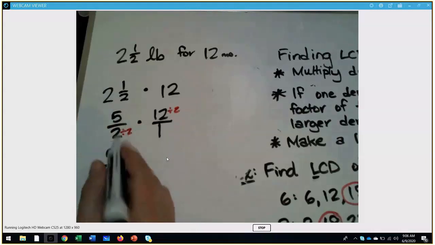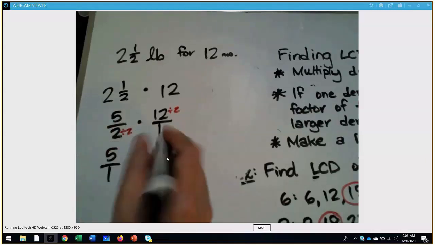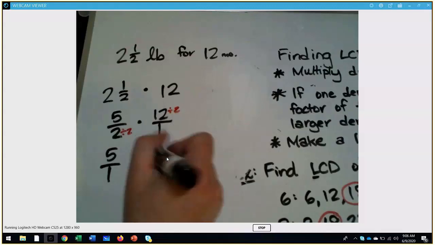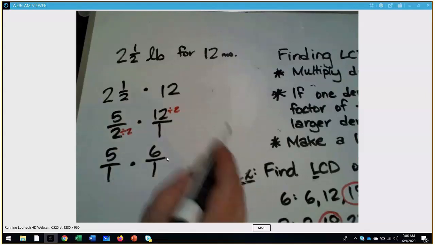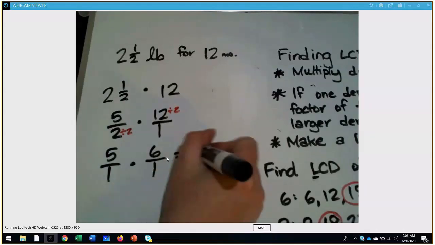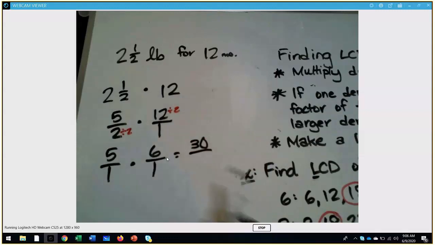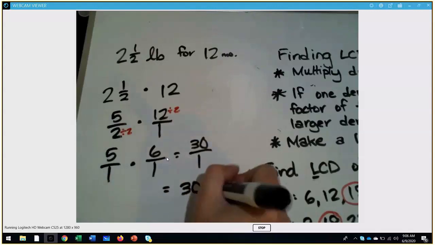So this is now a 1, and this is now a 6. And then go straight across. 5 times 6 is 30. 1 times 1 is 1. So he lost 30 pounds.